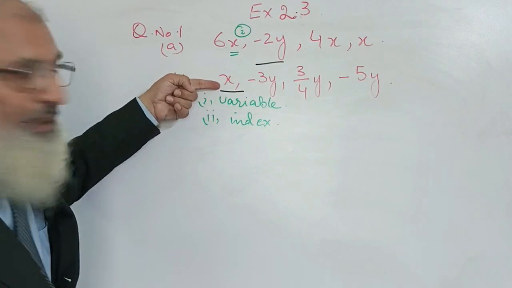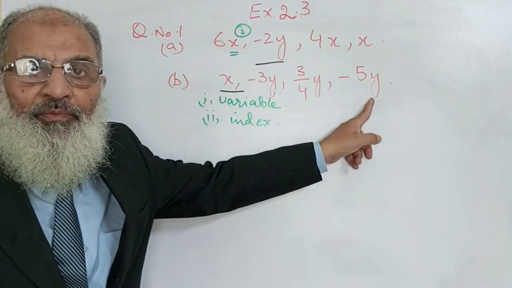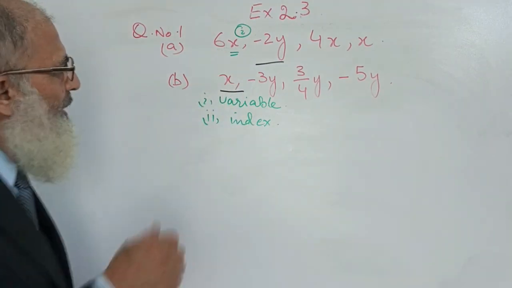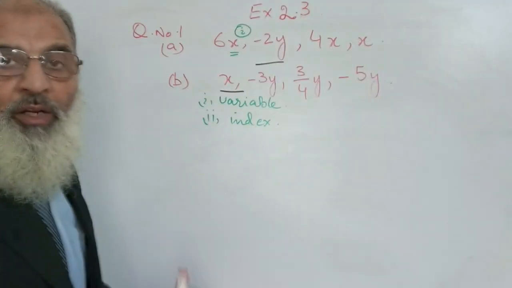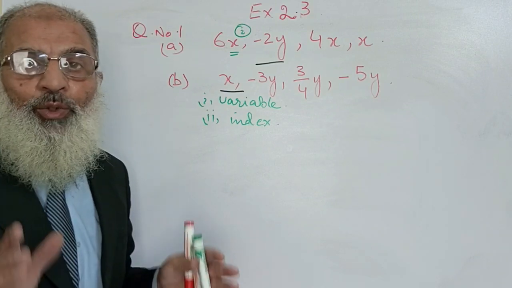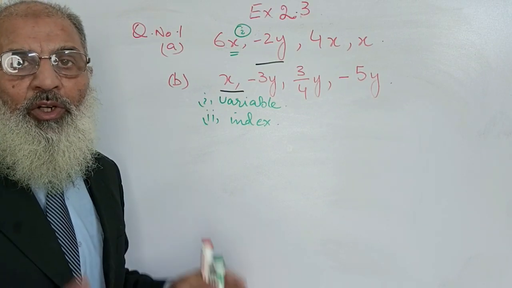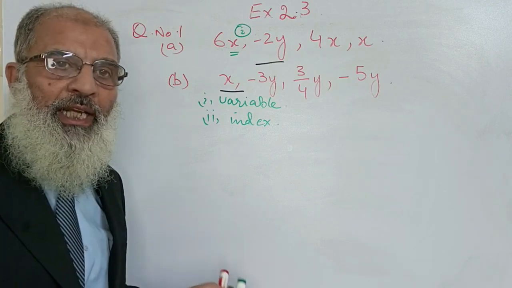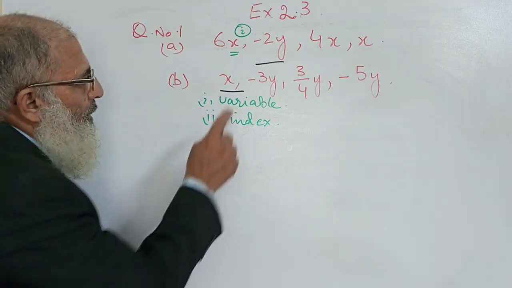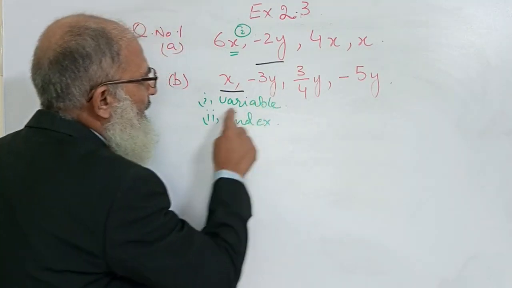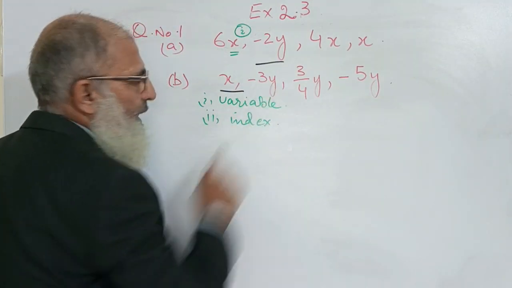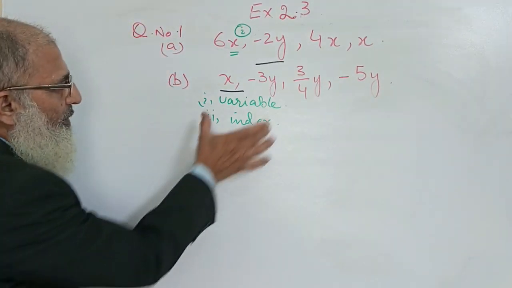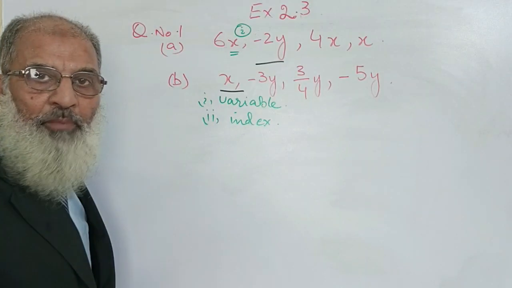Now this x is different from all the y's, so you just keep it away, and we have to tell only those terms which are alike. Which are not alike, we don't have to. Now this is y, this is y, this is y. Our first test has been cleared, passed.